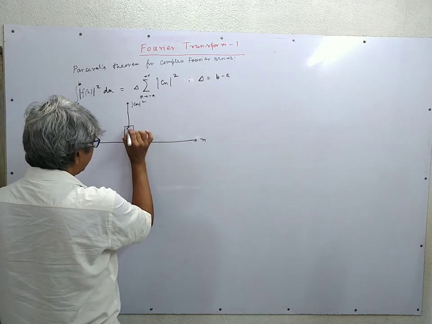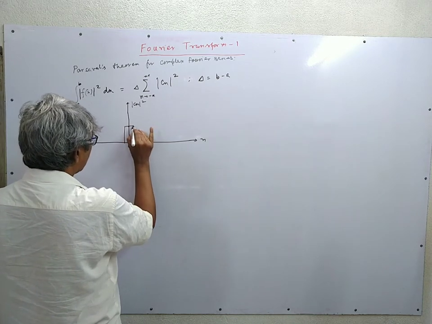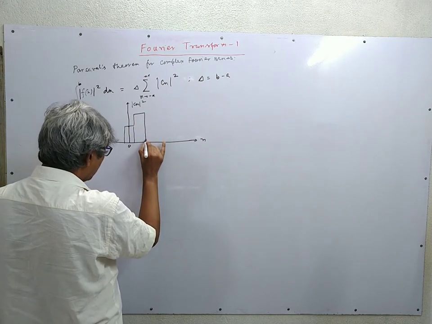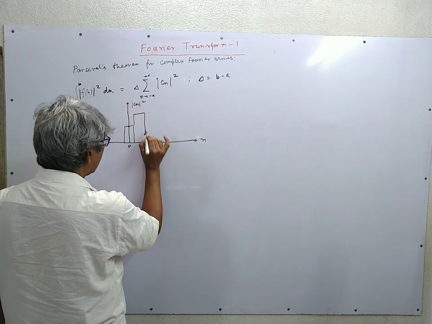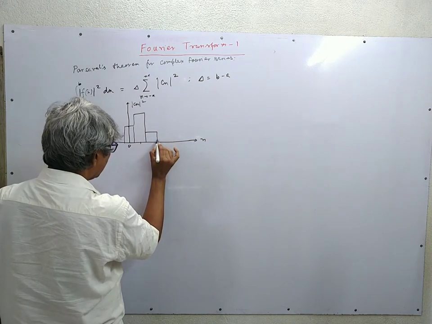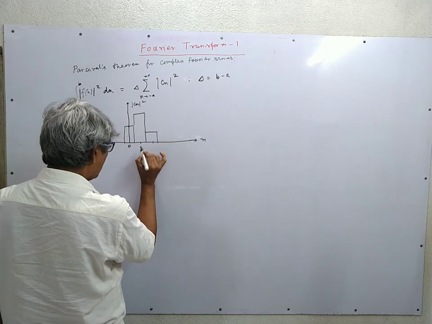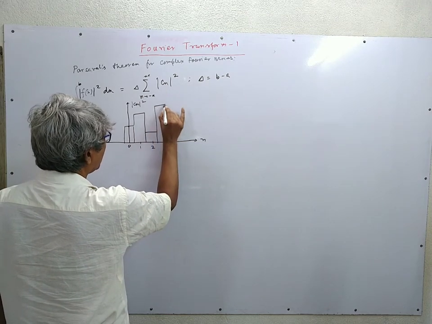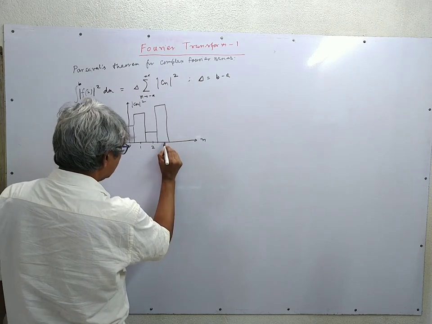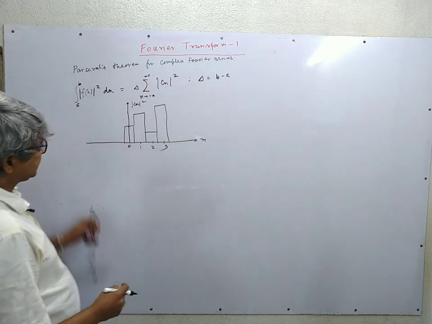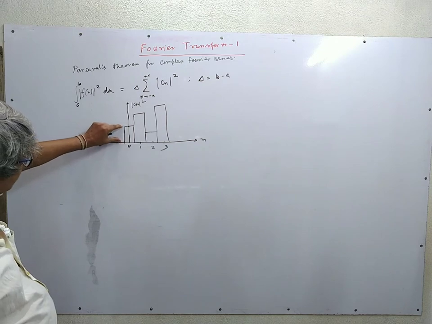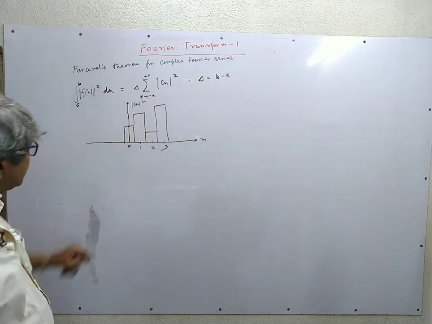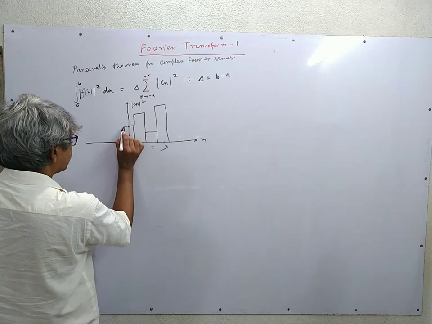So this is the point, and so on and so forth. That means this much is C0 square, this is C1 square, C2 square, C3 square, and similarly on the negative side.